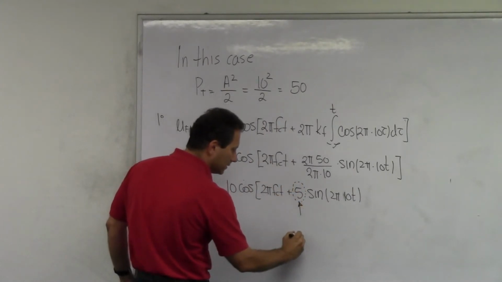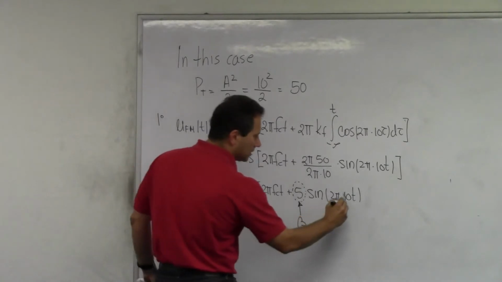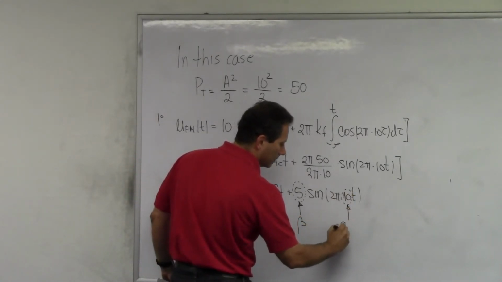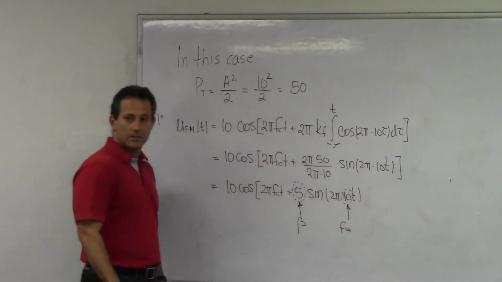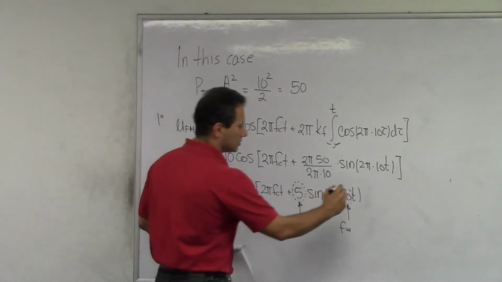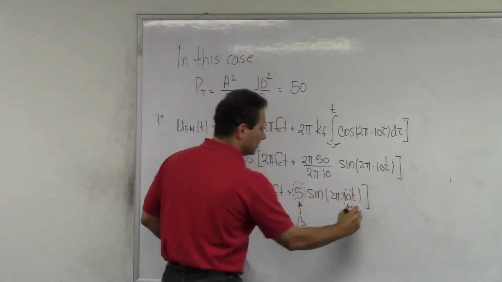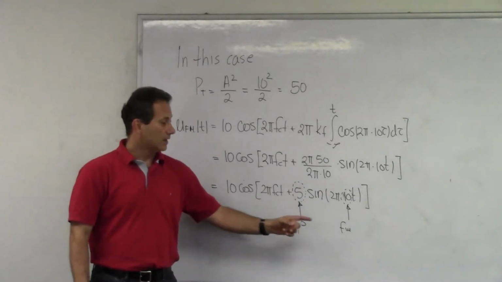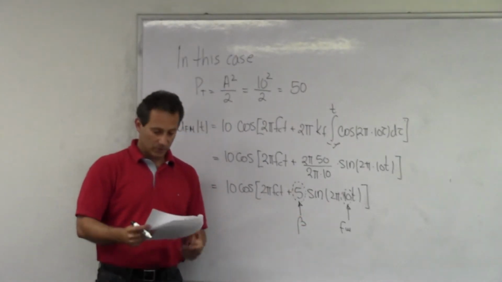No, this is beta. And this thing here is Fm. Right? If you look at the first expression we wrote, this is the sinusoid modulated with a simple tone, this is the beta modulation index, and Fm is the frequency of the tone.